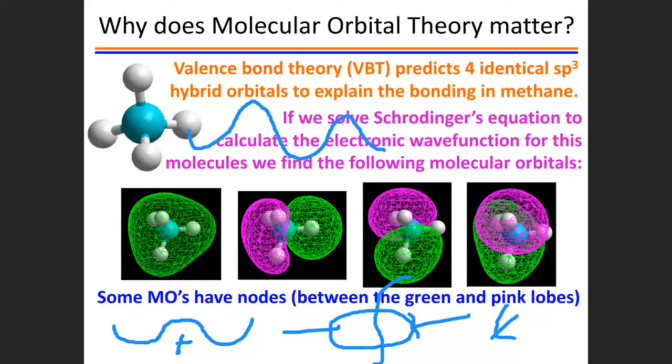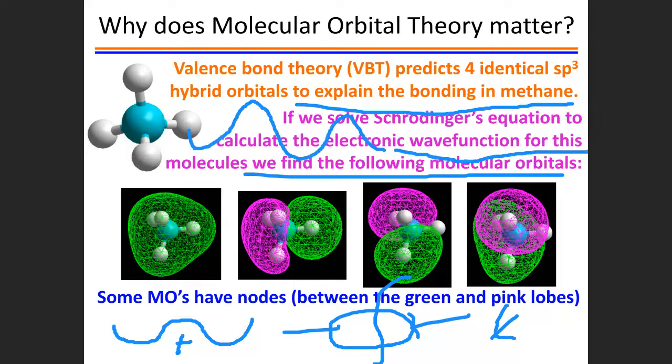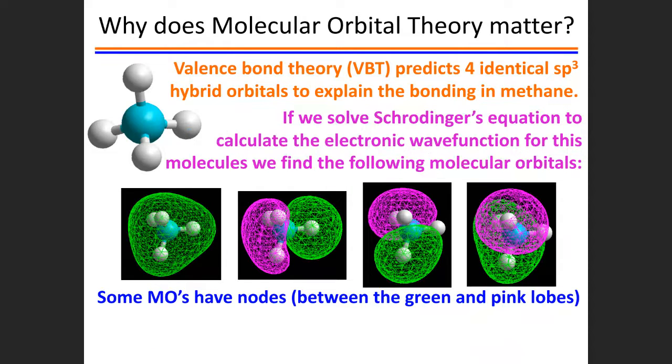So valence bond theory predicts 4 identical sp3 hybrid orbitals to explain the bonding. Now, if we explain the electronic wave function for this molecule, we find the following molecular orbitals. You can see here different orientations of these 2 molecules.